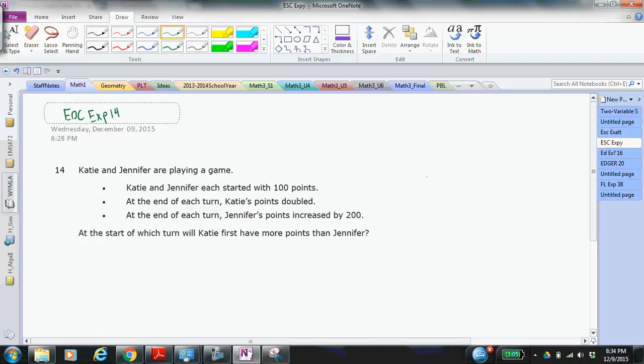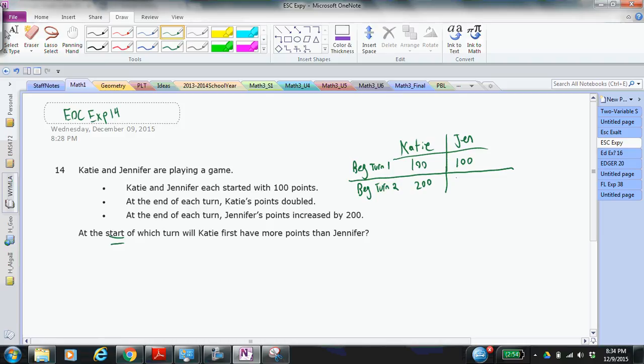Alright, we've done this one a couple times. Katie and Jennifer are playing the game. I want to compare Katie and Jen. They each started with 100 points. That's the beginning, and I'm using the beginning because it says at the start of each turn. So at the beginning of turn 1, they each have 100 points. At the end of each turn, Katie's points doubled. So at the end of turn 1, her points doubled. That's the same as the beginning of turn 2, which is 200, because 100 times 2 is 200.